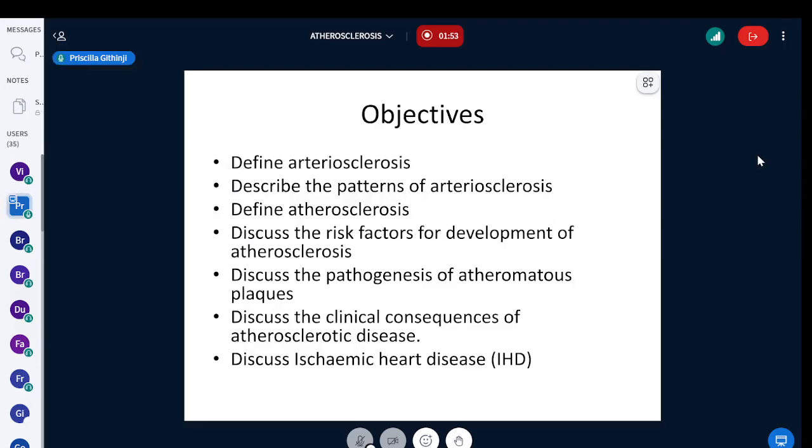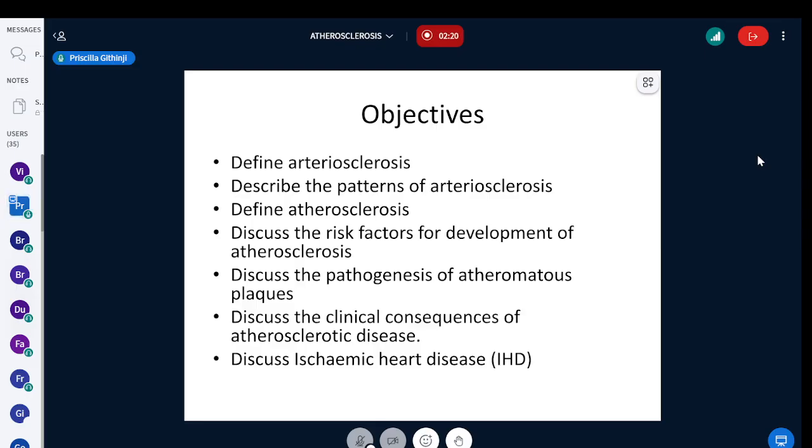So today we're going to define what is arteriosclerosis. And of course, you can see it starts with artery and then sclerosis. So we'll see what this disease is, and look at the various patterns of this disease. Then we'll look at atherosclerosis, which is also a disease encompassed in arteriosclerosis.